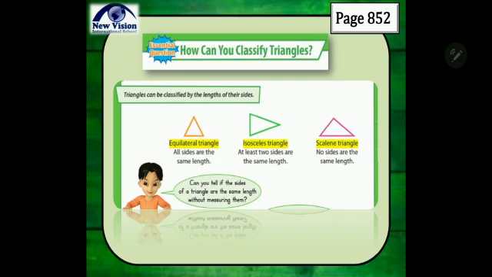Again, when we say equilateral triangle, all sides are the same length. The second one, we have isosceles triangle. At least 2 sides are the same length. Next, scalene triangle. No sides are the same length.